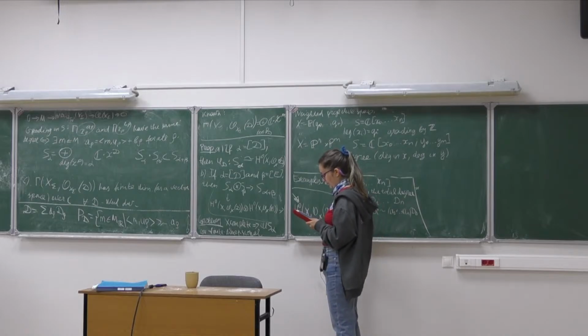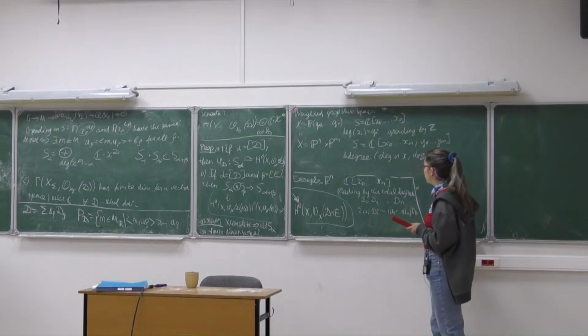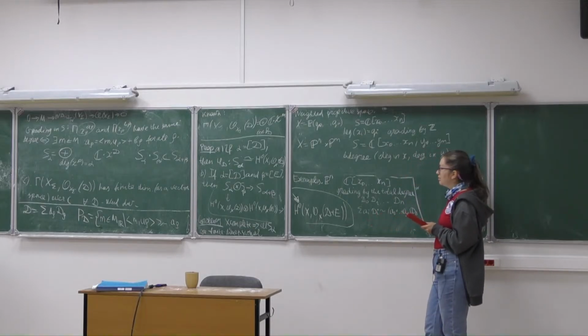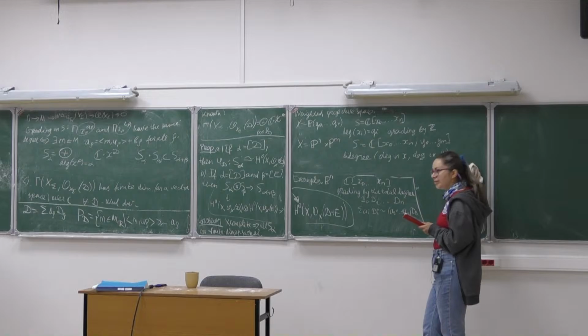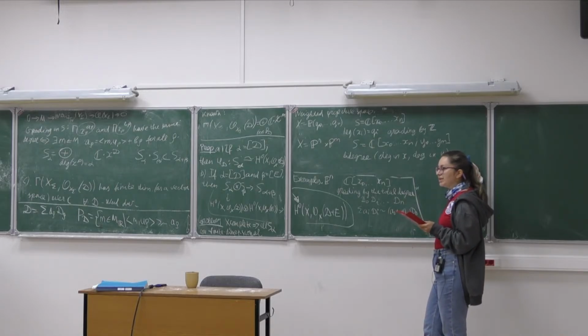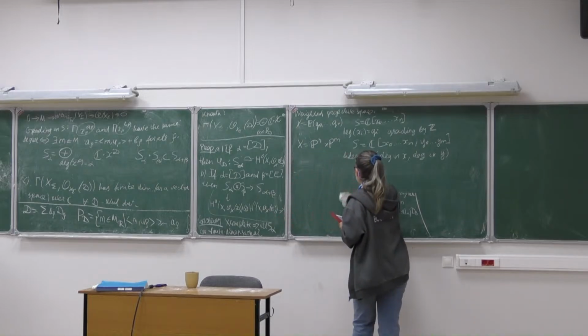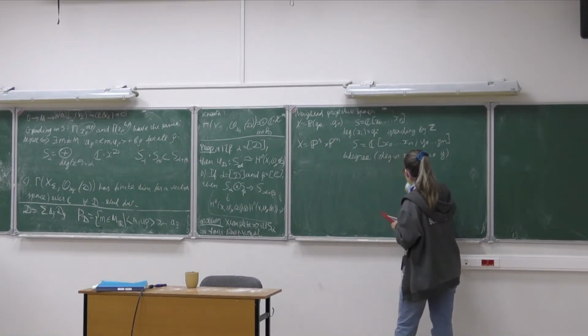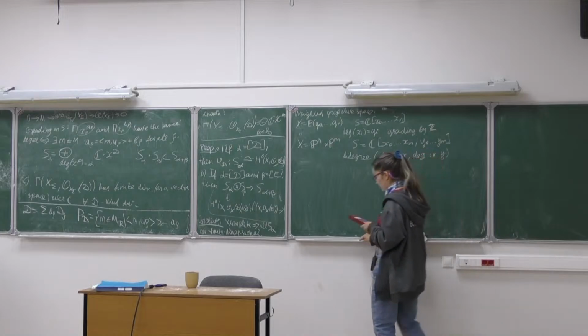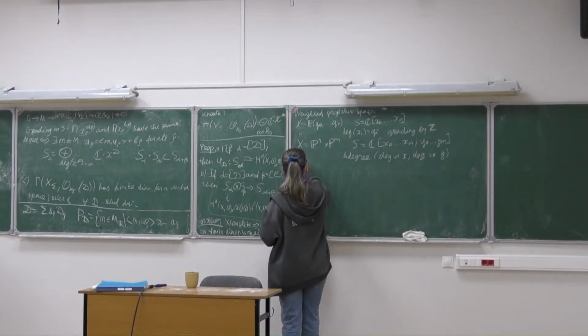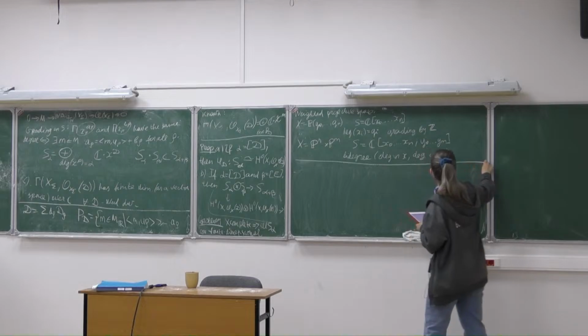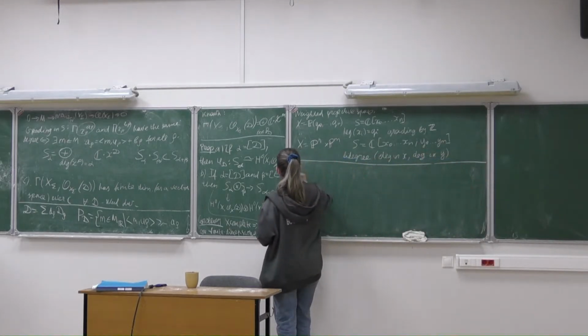So now I think I will mention the order on the monomials, and then I will define the irrelevant ideal. Okay? I erase this. So, how do we define order on monomials?